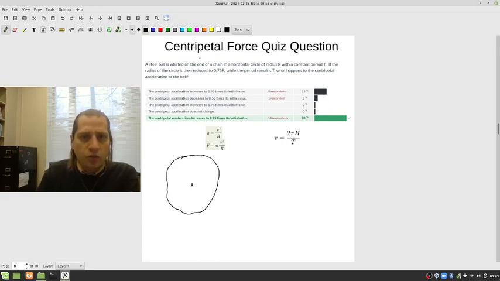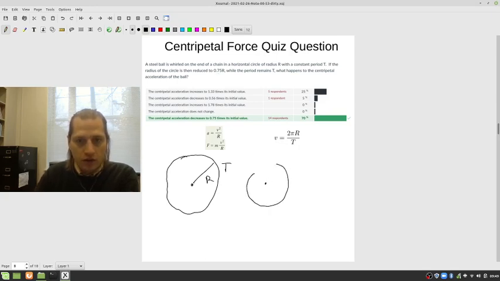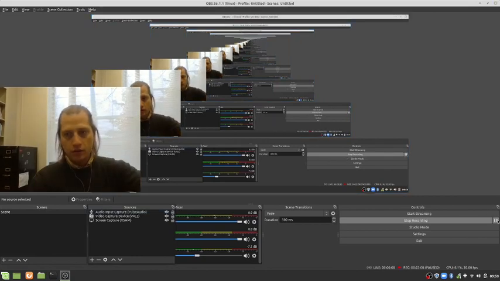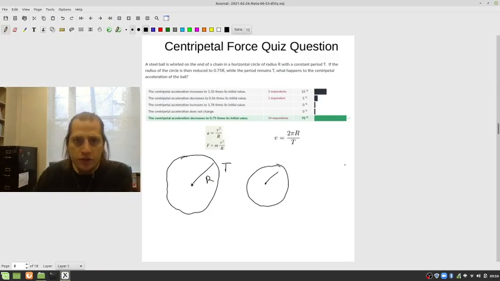So it says a steel ball is whirled at the end of a chain in a horizontal circle of radius r with a constant period t. If the radius of the circle is then reduced to 0.75 r with the same time t, what happens to the centripetal acceleration of the ball?